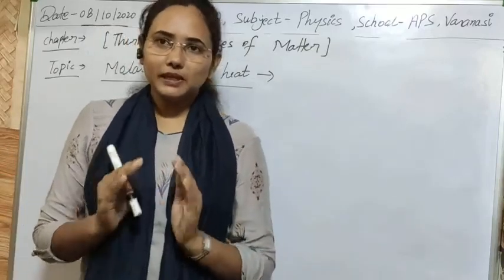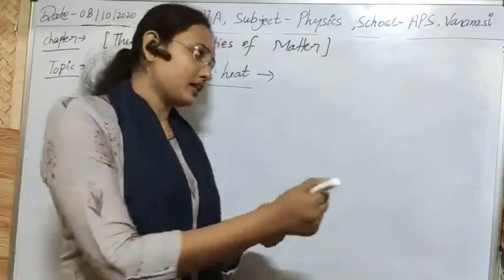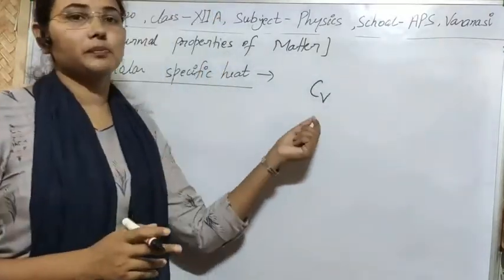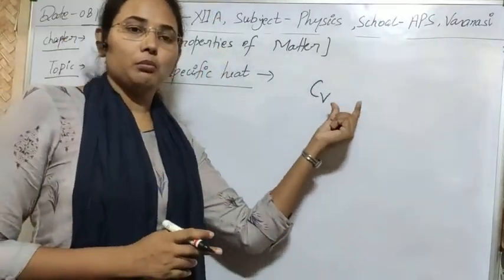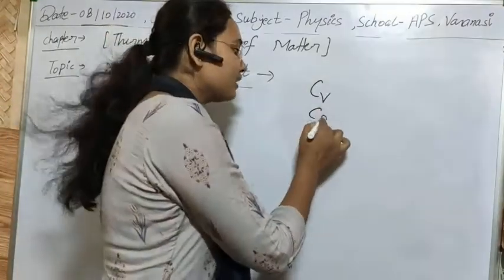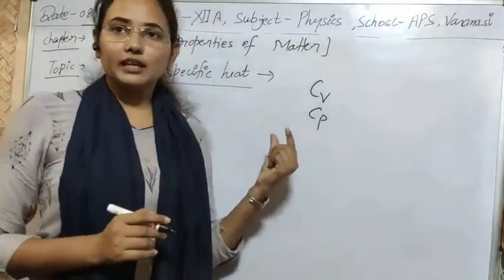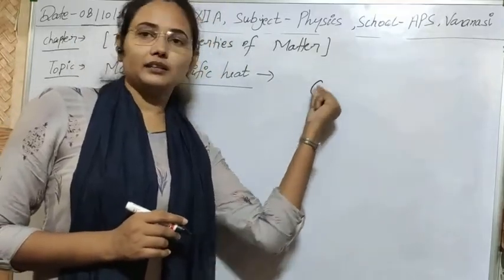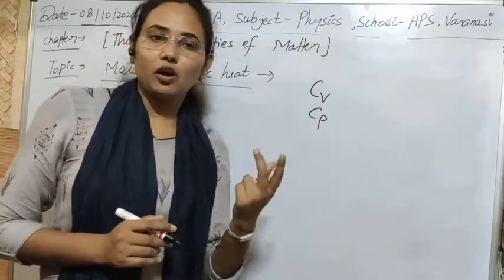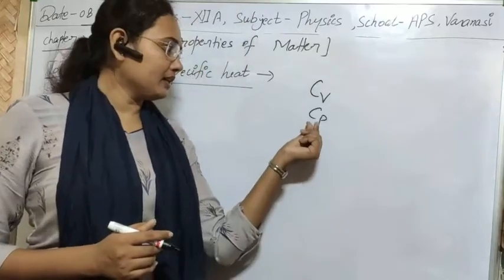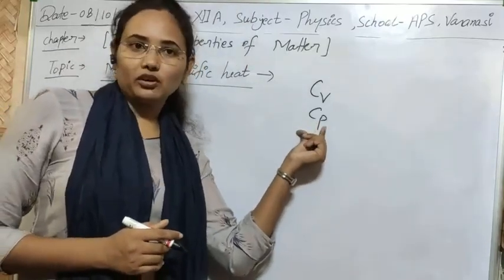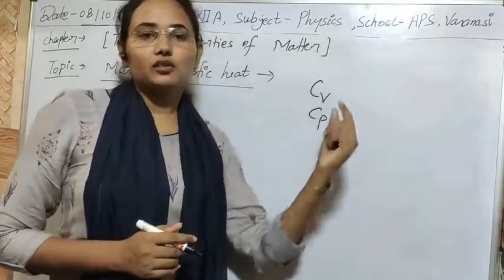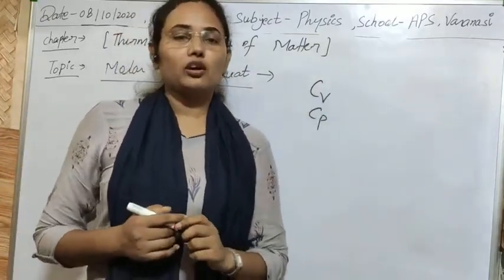First is molar specific heat at constant volume, which is represented by Cv. Then molar specific heat at constant pressure. If we keep pressure constant, the molar specific heat obtained is known as molar specific heat at constant pressure, and if we keep volume constant, it is called molar specific heat at constant volume.